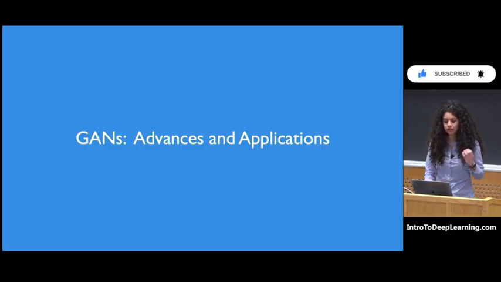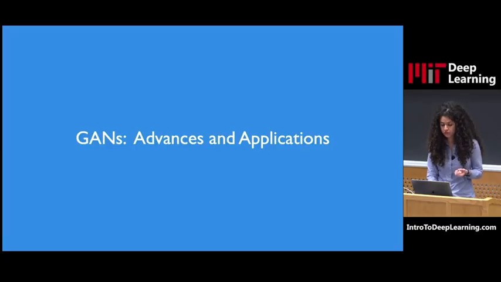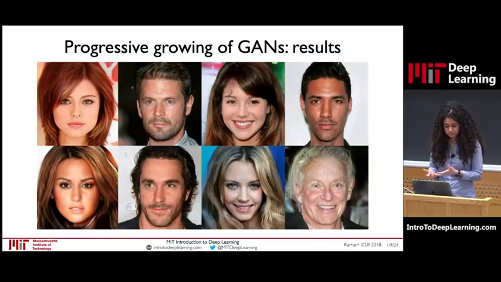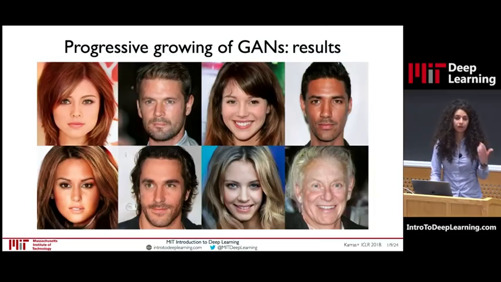So GANs are really a very neat framework to think about, and they are indeed the architecture that was used to generate some of those types of face images that I showed on slide 1. And there are different advances that have been proposed from a modeling perspective that allow better results to come from GANs.